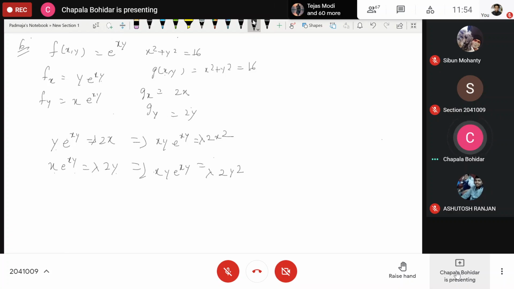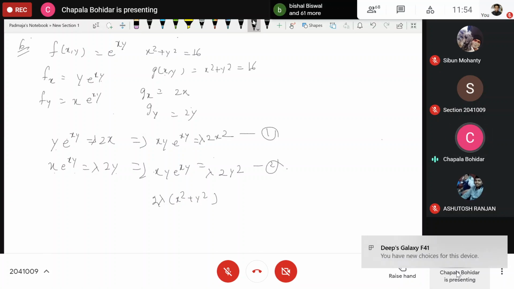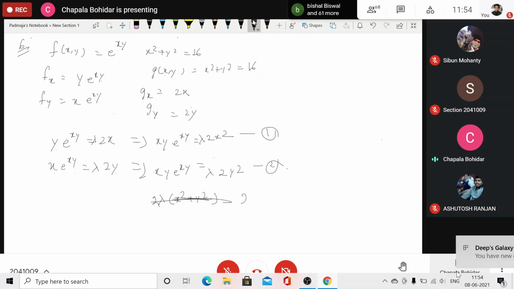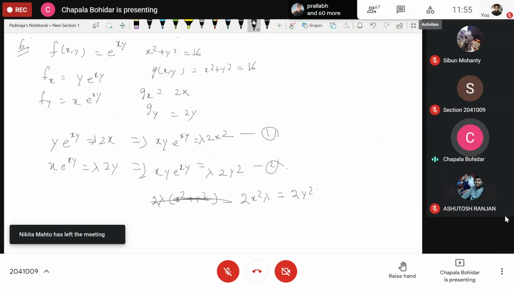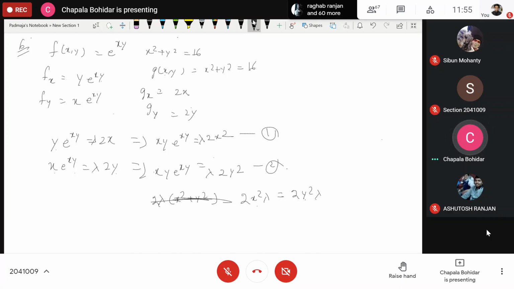So now say 1, 2, and we have the value. Here it is 2 lambda into x square plus y square. 2x square lambda is equal to 2y square lambda. So what you get, x square plus y square.